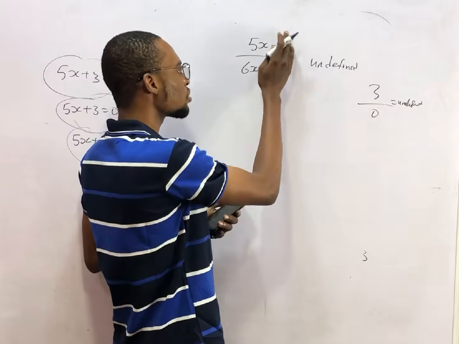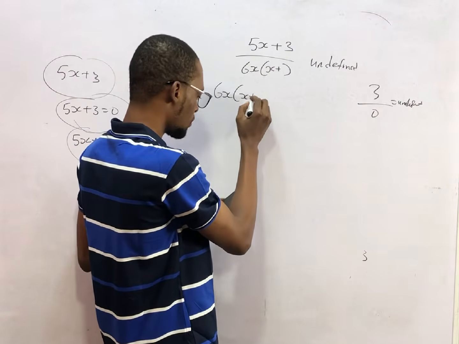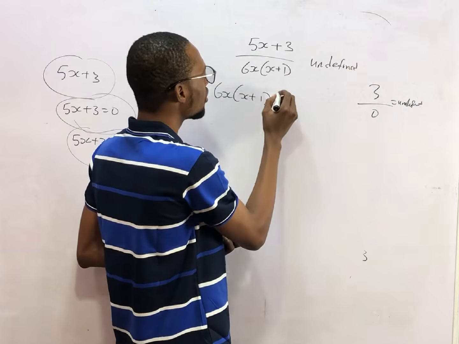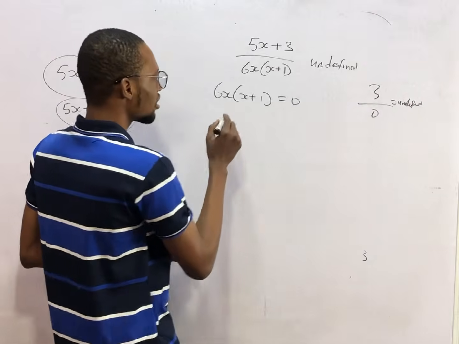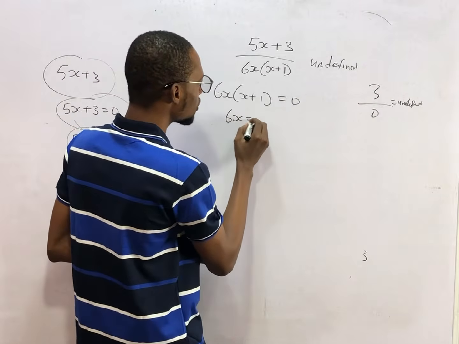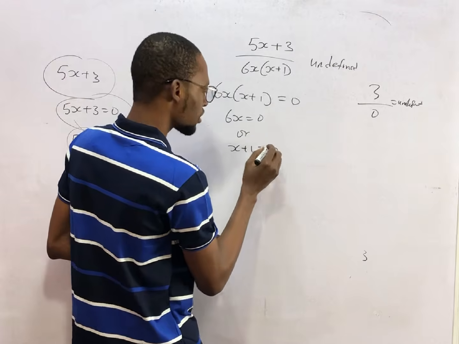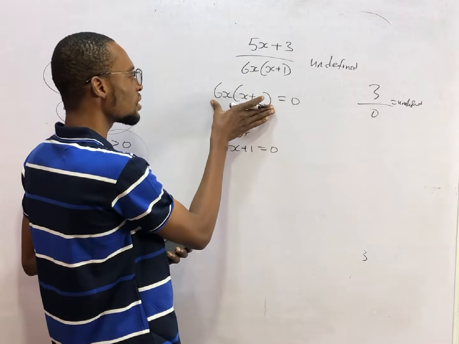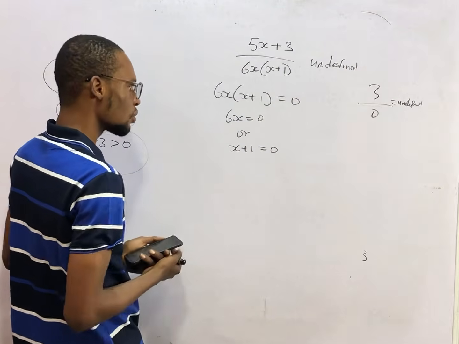Now, for this expression to be undefined, 6x times x plus 1 must be equal to 0, which implies that 6x must be equal to 0 or x plus 1 must be equal to 0. Because, as in a quadratic equation, once you have something like this, this is equal to 0 or this one is equal to 0.